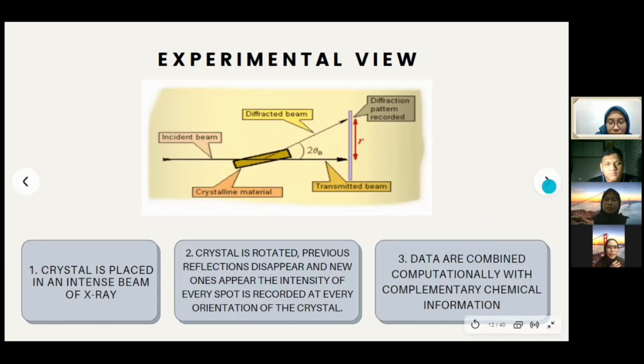And the third step is that these data are combined computationally with complementary chemical information to produce a refined model of the arrangement of atoms within the crystal. The final refined model of the atomic arrangement, which we now call a crystal structure, is usually stored in a public database. Next.